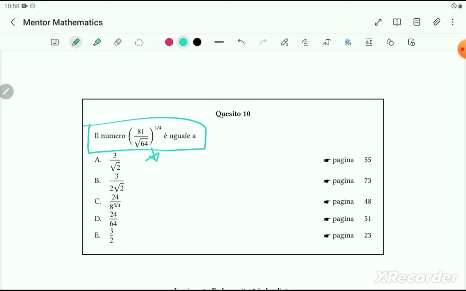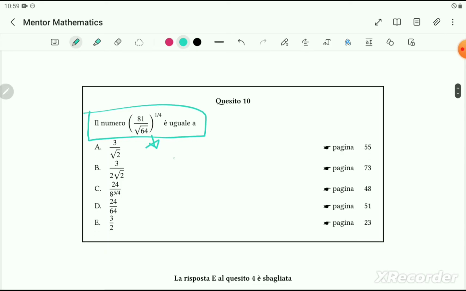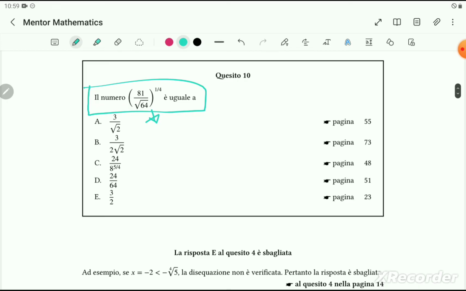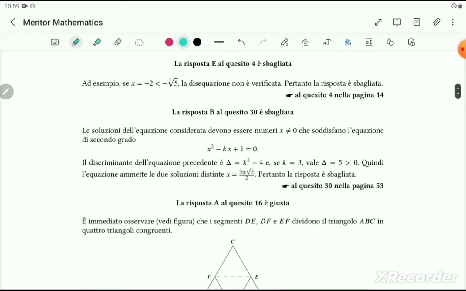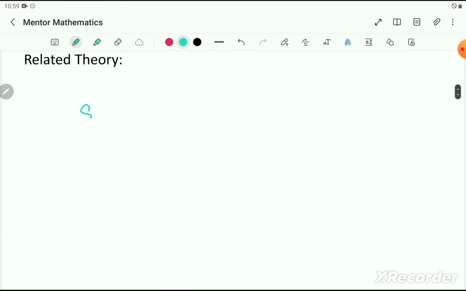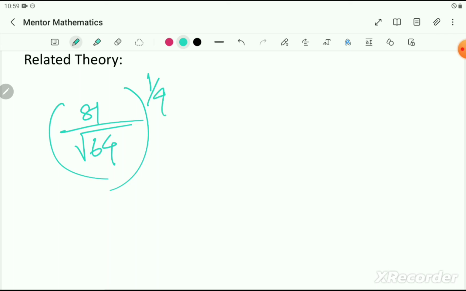This problem maybe I solved somewhere, maybe in the CISIA English practice material, not the Italian one. Let's do it again actually. So (81 divided by root over 64) to the whole power 1 by 4. We have to find out the value.